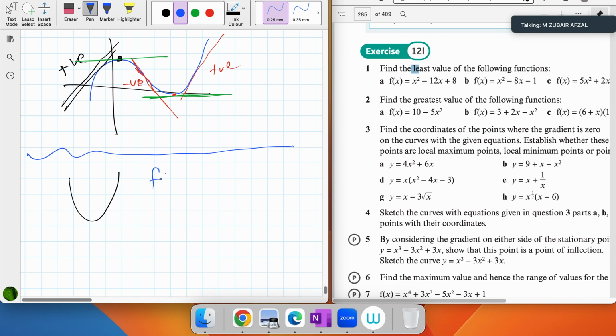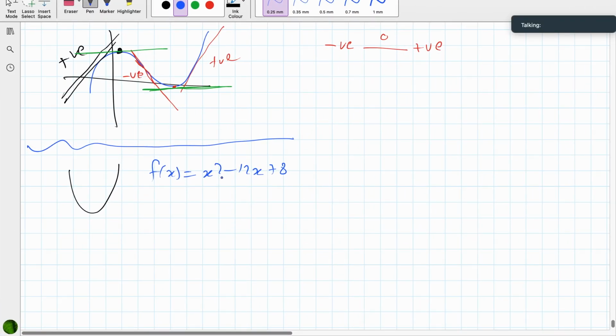So the question is f of x is equals to x square minus 12x plus 8. So we're going for derivative. F dash of x is equals to 2x minus 12, and we know that at the turning point the gradient is 0.